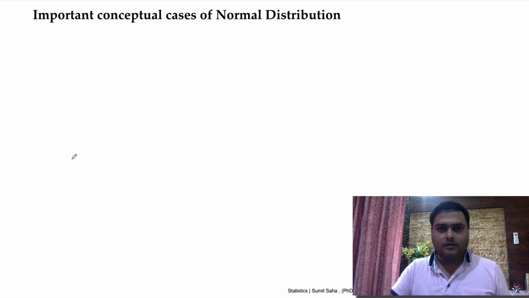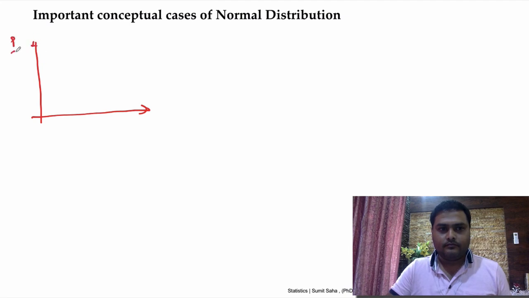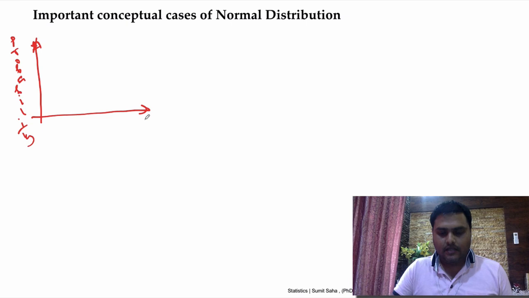Now let me draw a figure here. Okay, so this side, let's say, is the probability, and this side I am mentioning nothing but the values. Okay, and here let's say this is the mean.